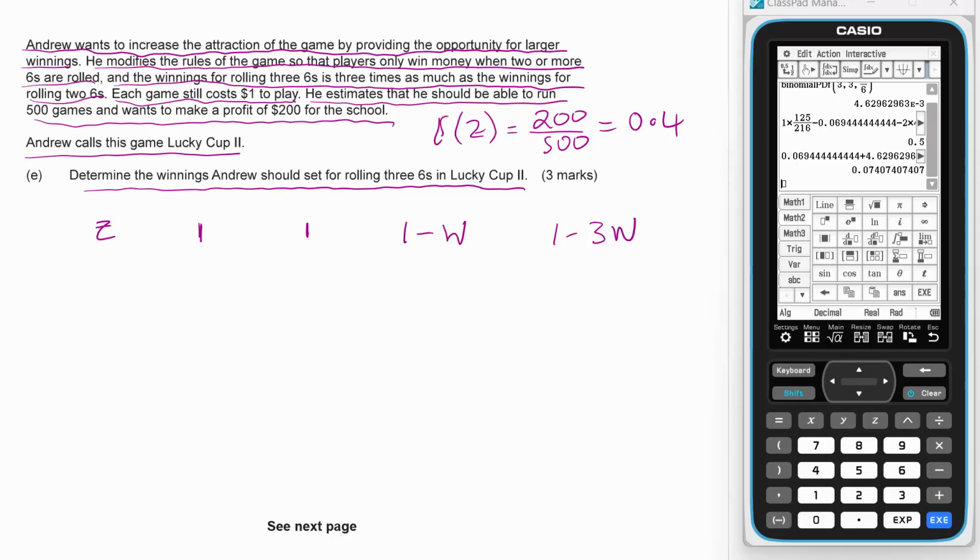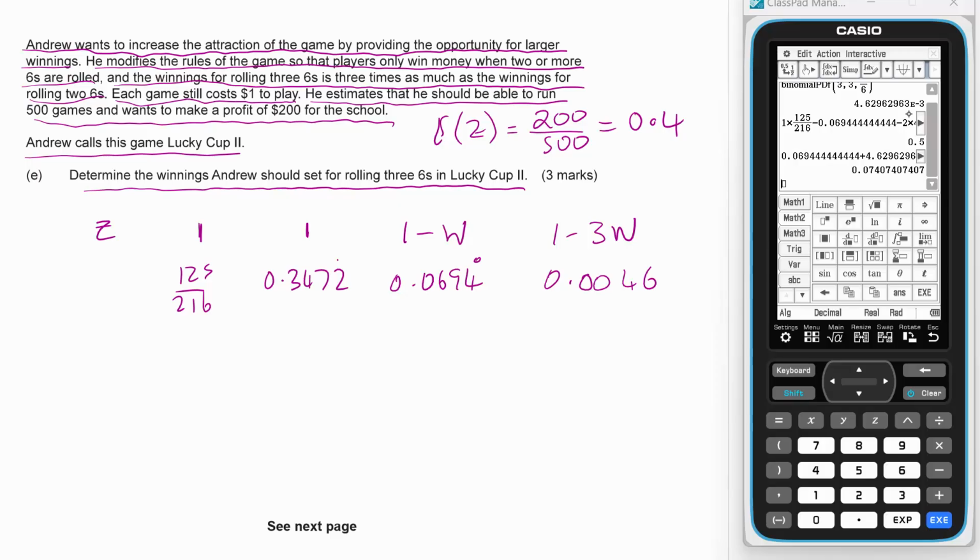Now, the probabilities here are the 125 over 216 still. And then we've got the 0.3472 recurring. And we've got the 0.0694 recurring. And the 0.0046. That's the number there on the calculator.